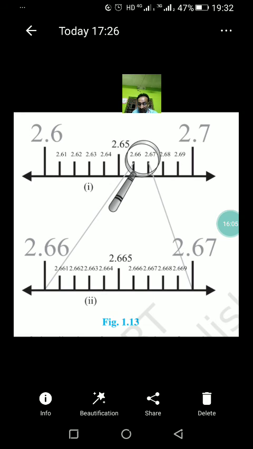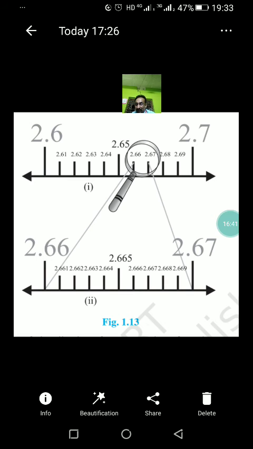The next one represents 2.662 and so on. So 2.665 is the fifth mark in these subdivisions. We call this process of visualization, or representation of numbers on the number line through a magnifying glass, the process of successive magnification.